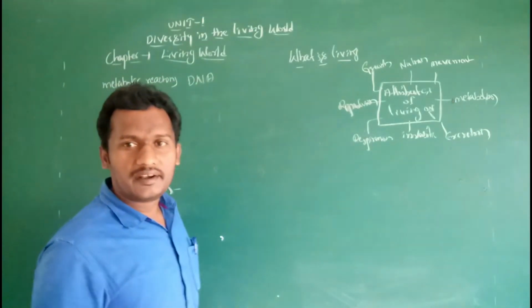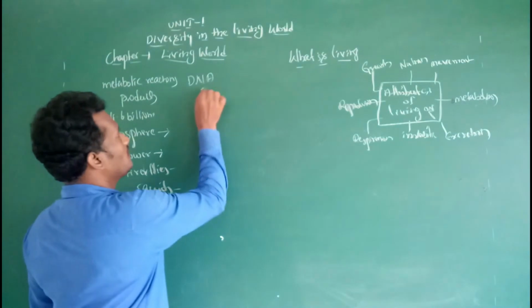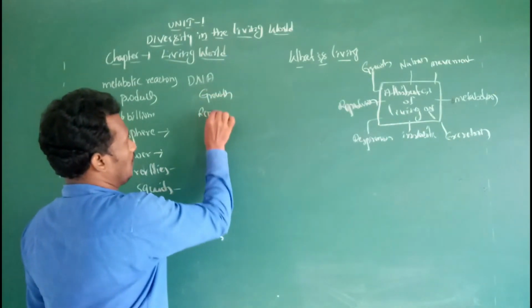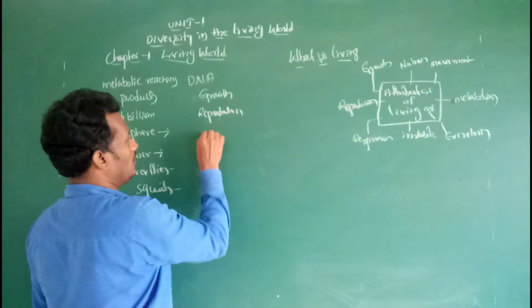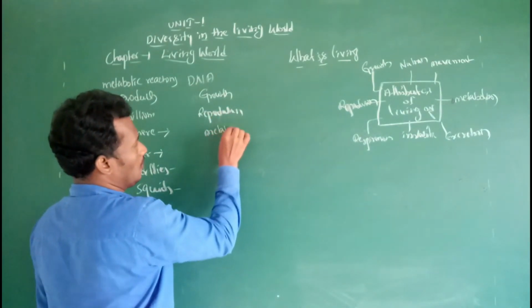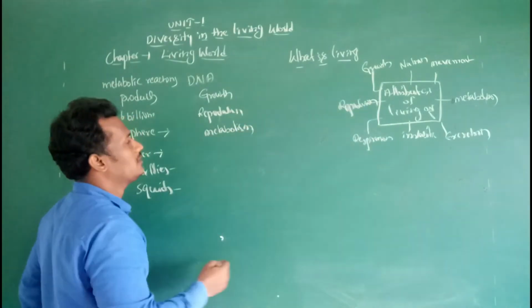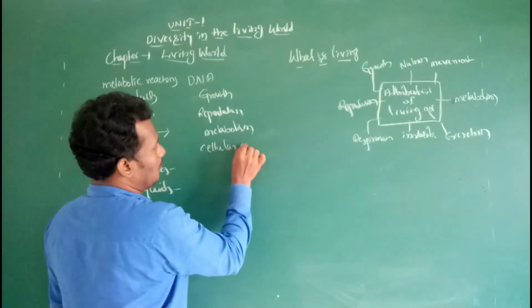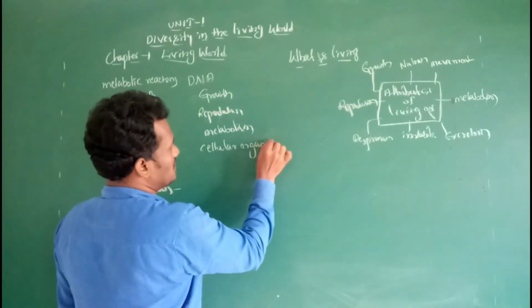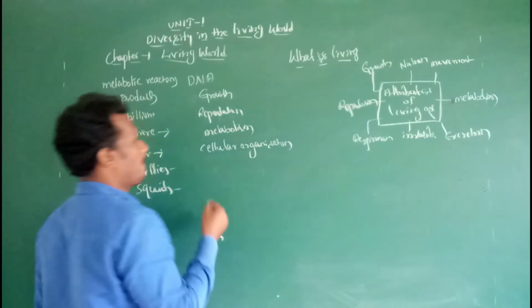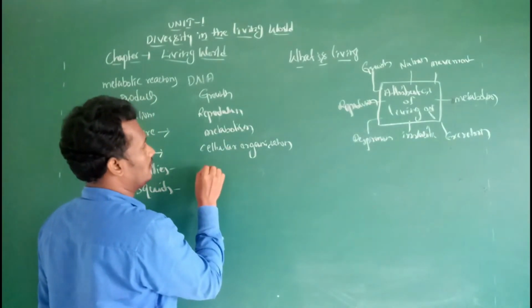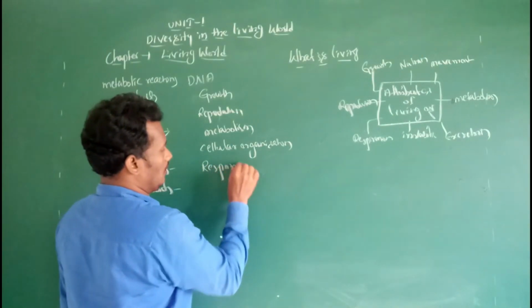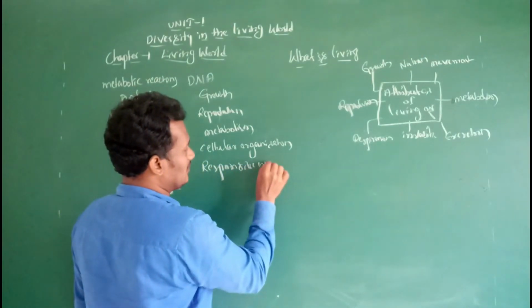So unique characteristic features of living organisms are growth, reproduction, metabolism, cellular organization, responsiveness.